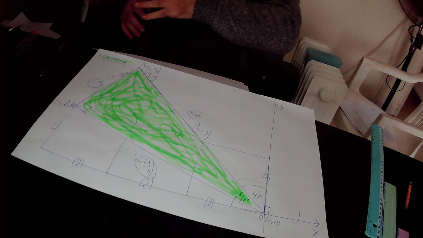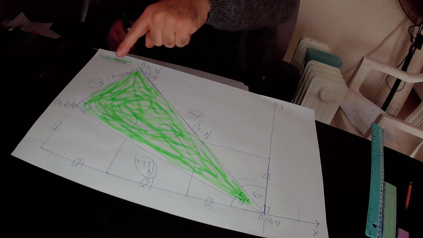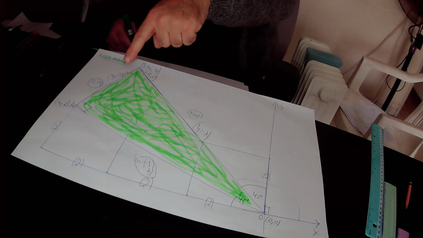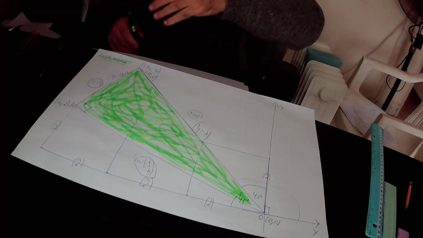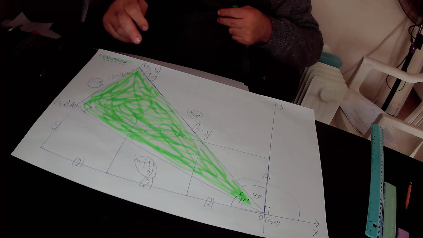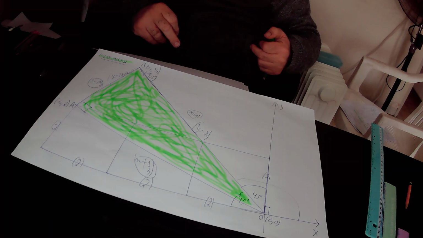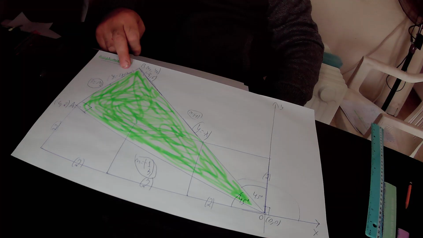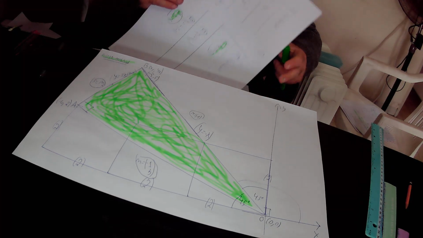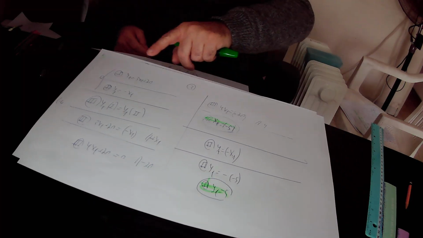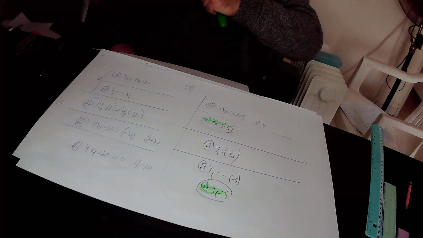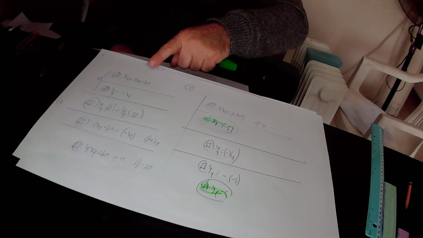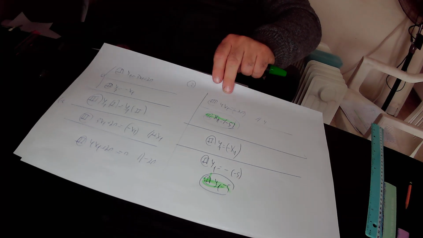If we substitute y by y1 and x by x1, the left side of the equation equals the right side of the equation. So we should find that y1 equals 3x1 plus 20. This is equation 1.